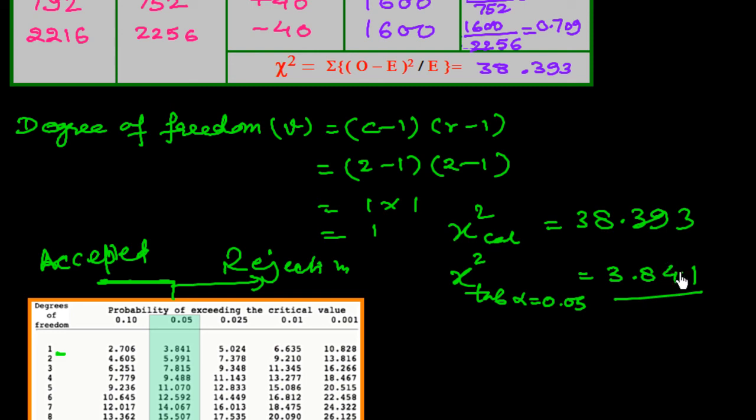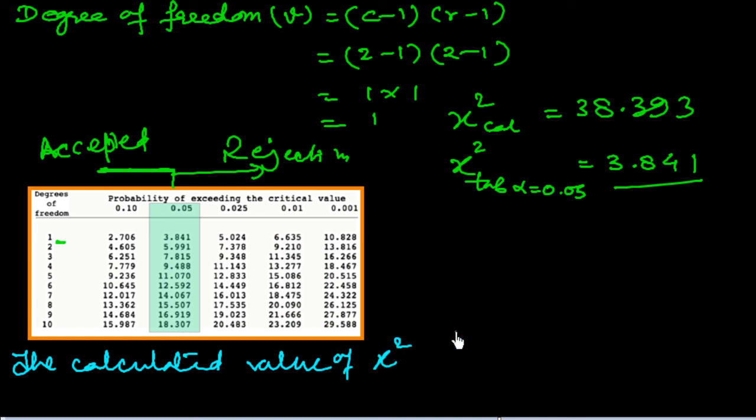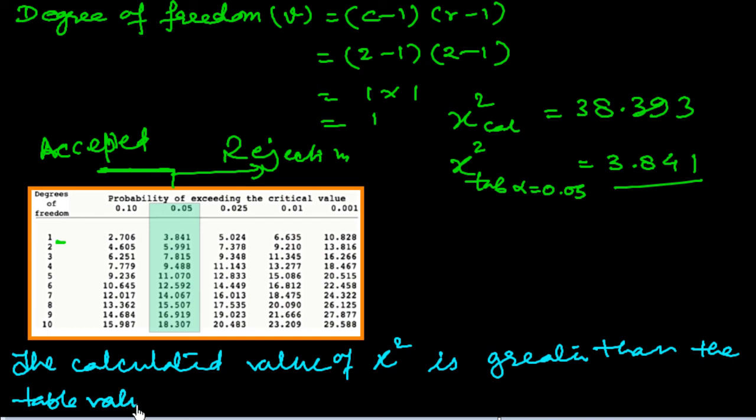So it is rejected. Here we could say that the calculated value of chi-square is greater than the table value. The hypothesis is rejected.